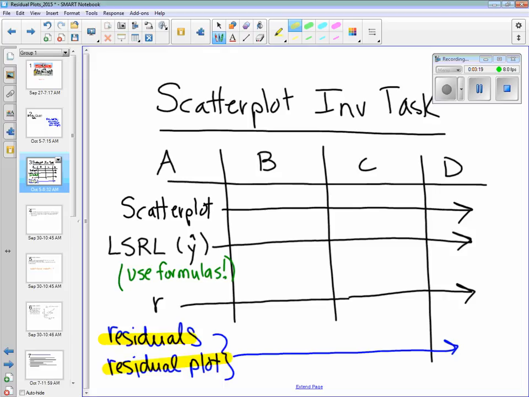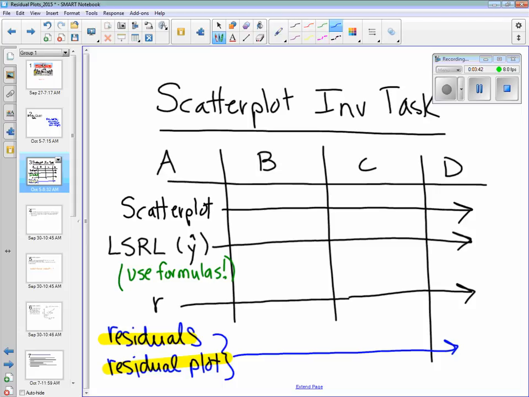Okay? So after today, you should be able to go home and calculate the residuals for each of these, the individual residuals. I'm going to show you how to do that today, talk about what a residual is. And then if we have time, I doubt we will today, but we will definitely finish it on Wednesday, so you'll have residual plots to create for each of these data sets as well. Okay? So probably Wednesday we'll talk about that.